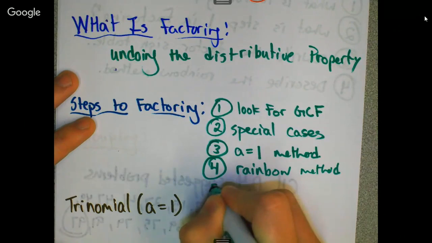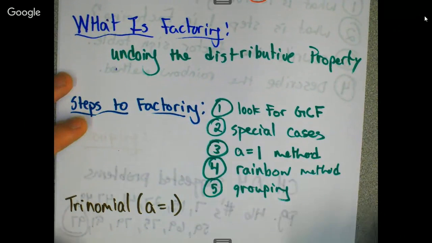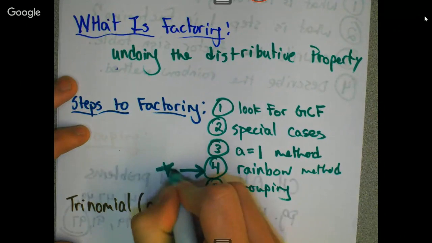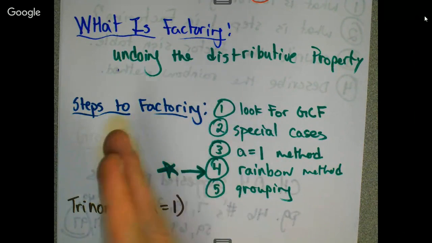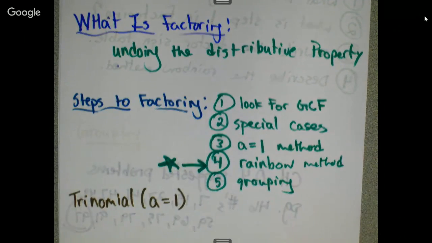And step five is grouping. This method here, we will really want to pay attention to how it works. Looking for greatest common factor, again, that is some number or some letter that all of your terms share.